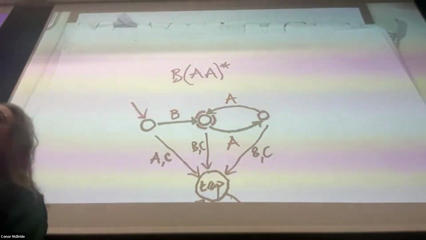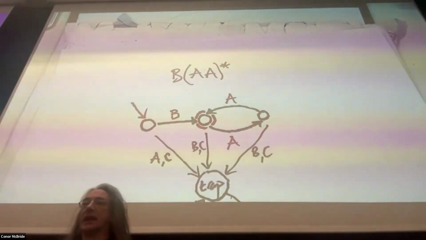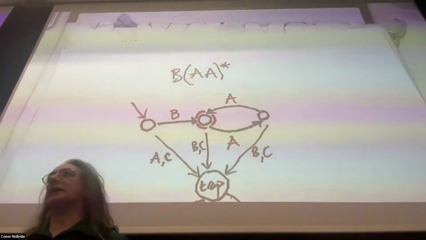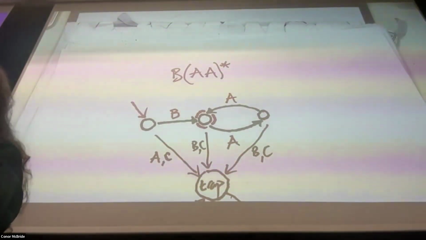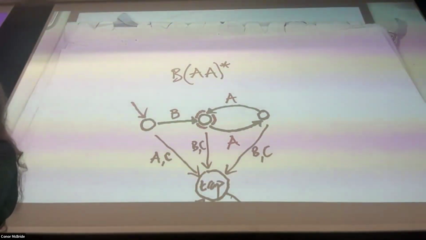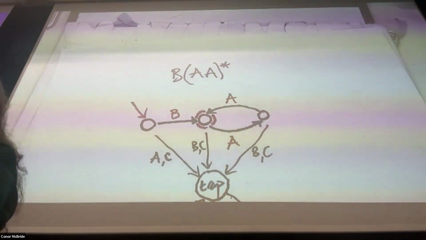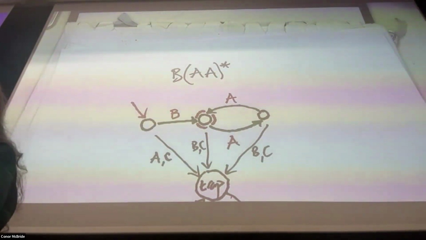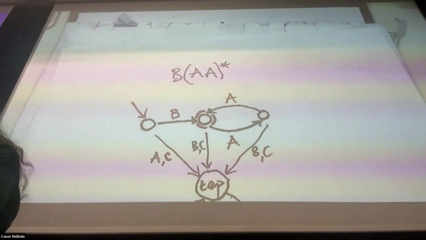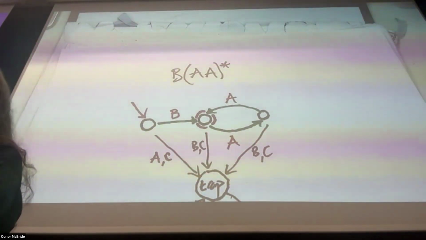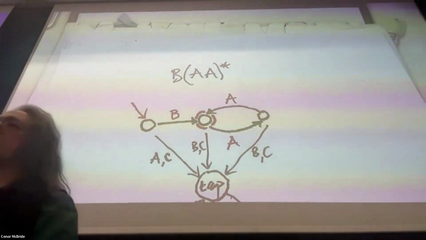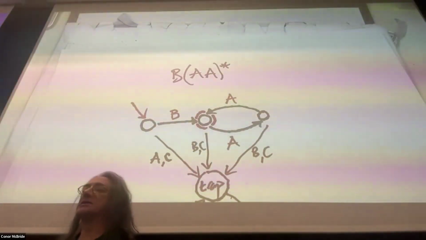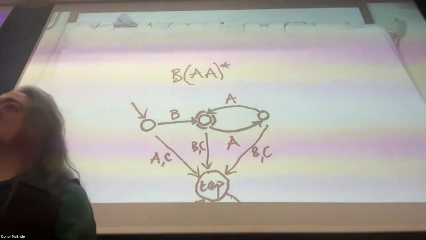Where do we go next? Strictly speaking, there are infinitely many regular expressions. So if you want to think of states as being the regular expressions themselves, then that's not a finite set of states.